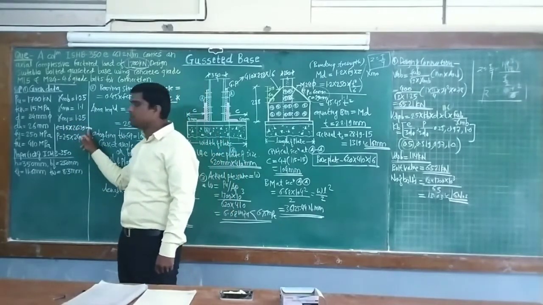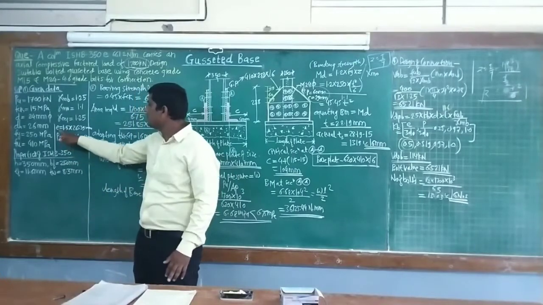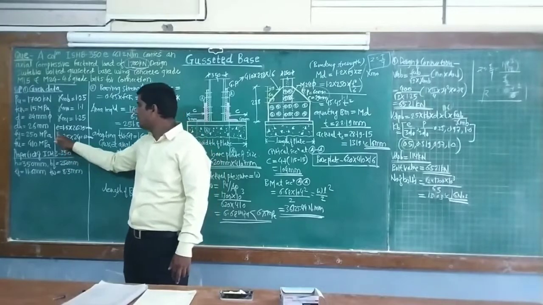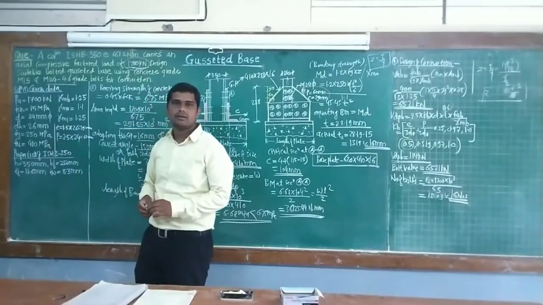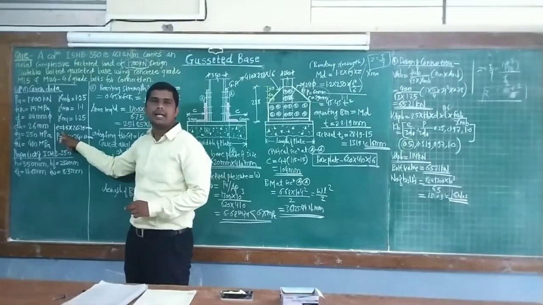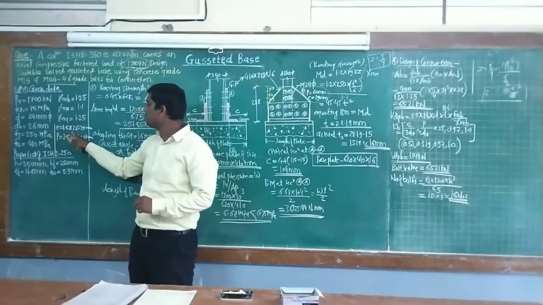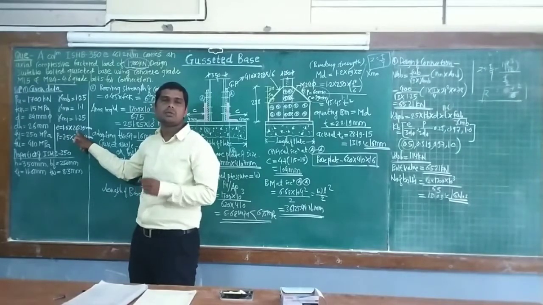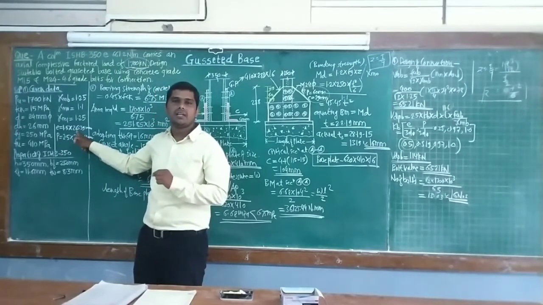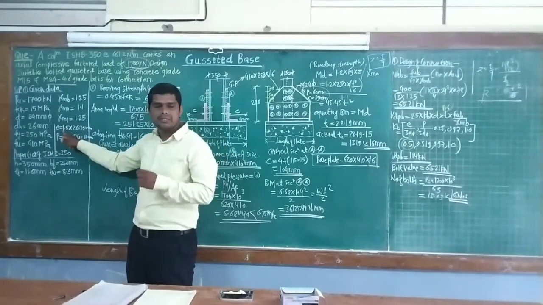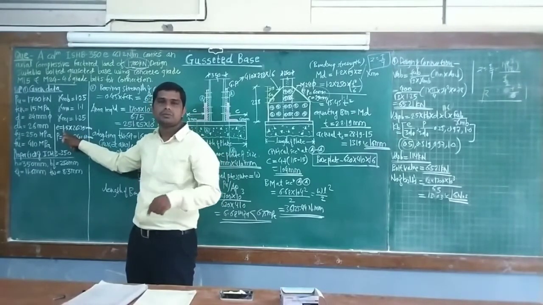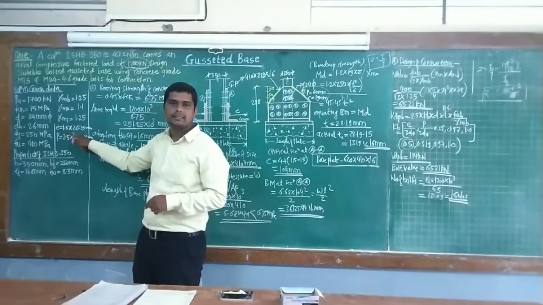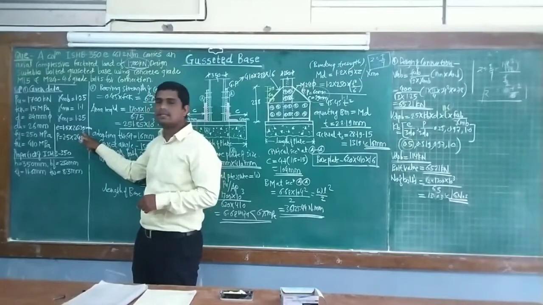Then initially we are going to find out the end distance and the pitch distance. We have already studied this in the previous lecture or numerical. The end distance is 1.5 times the diameter of the hole, taking 1.5 for machine flame cut edges. So end distance is 1.5 into 26, the diameter of the hole, so the answer is 39 mm.